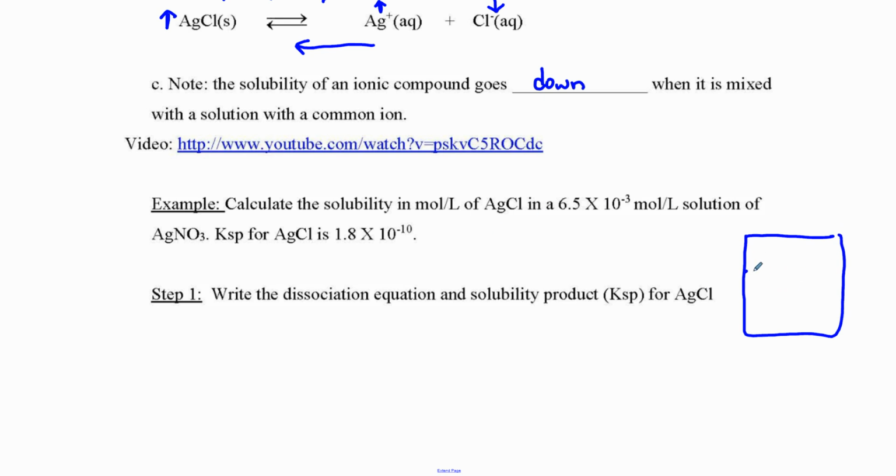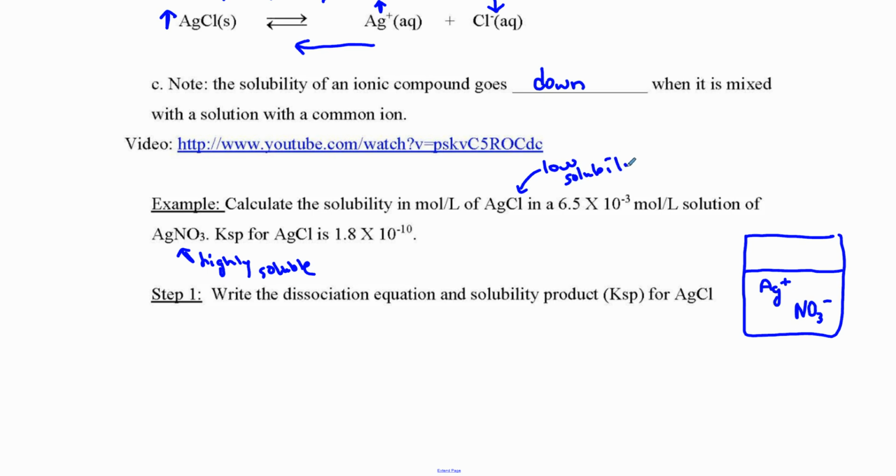What we have here in the beaker is I'm going to show the silver nitrate. Now the silver nitrate, anything with nitrate is highly soluble. So this is our highly soluble, which we already identified earlier, and this one is low solubility.